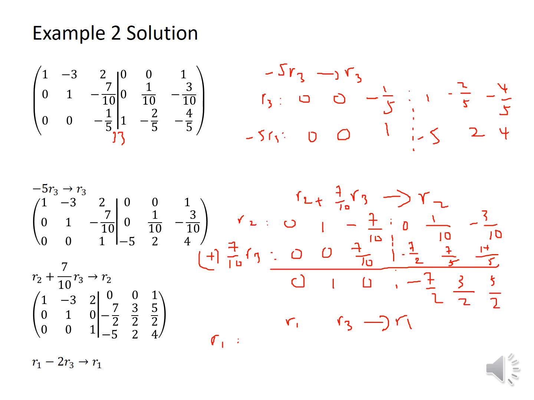You write down the R1 first. The R1 elements are 1, negative 3, 2, 0, 0, 1. And the R3 is 0, 0, 1. Here is 1.